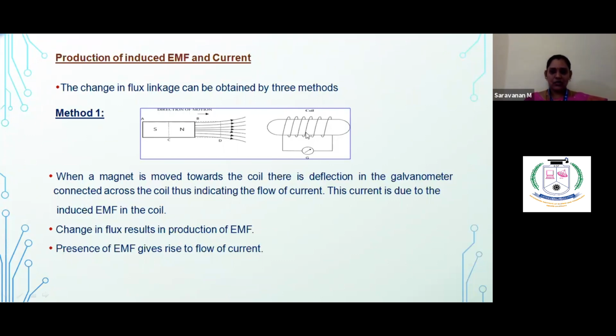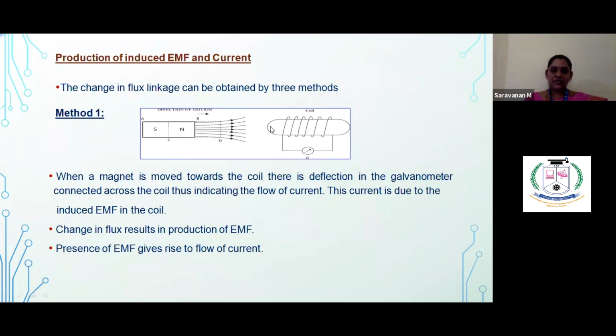On the other side, I have taken a coil of n number of turns, kept on a magnetic material. The ends of the coil are connected to the galvanometer. When the magnet is moved towards the coil, you can see the deflection on the galvanometer.